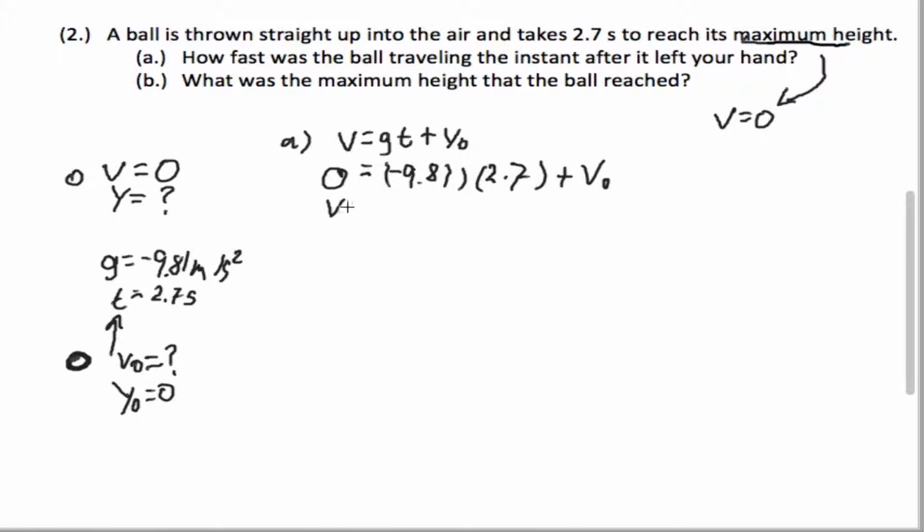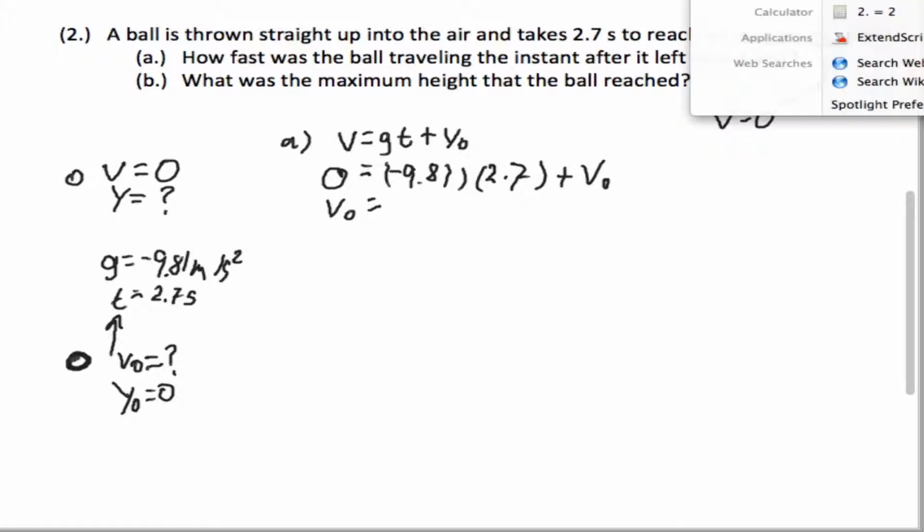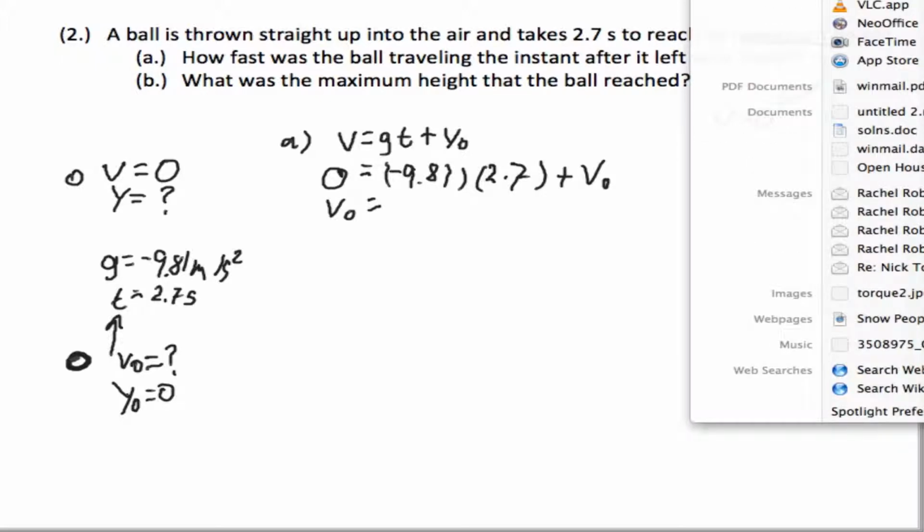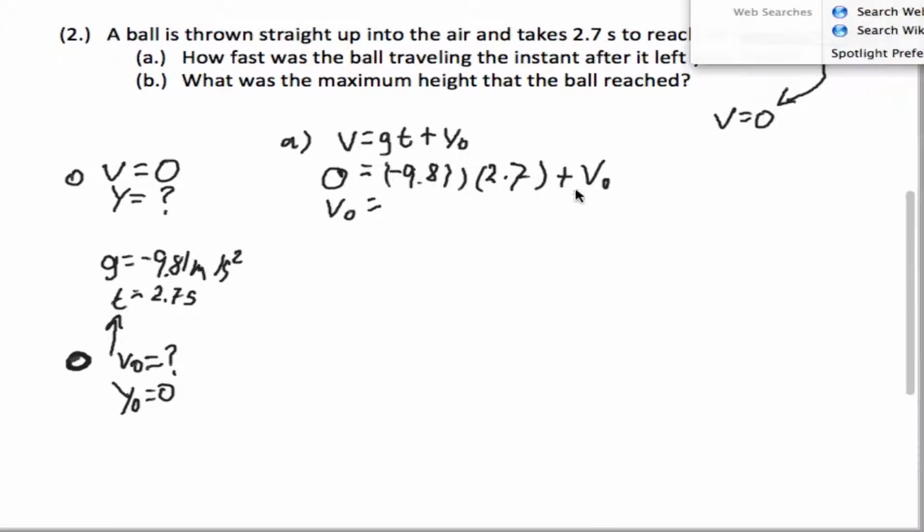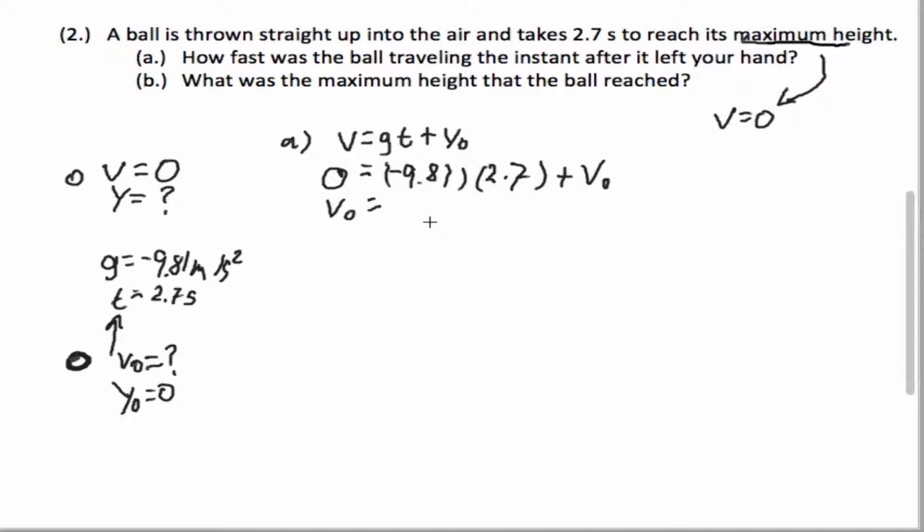I solve for v0, and looks like I'm going to get something around 26 point something. We're getting 26.49 meters per second. And again, it's positive, which is as it should be, because it's a positive speed going upwards.